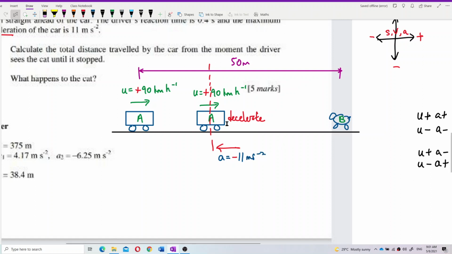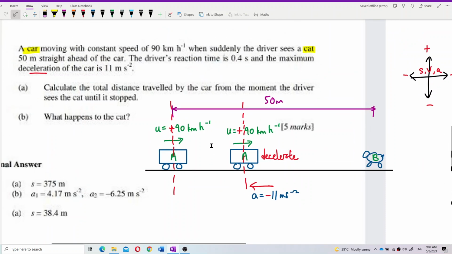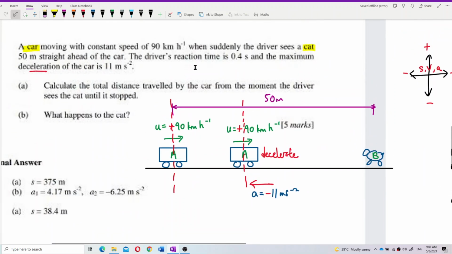Okay, so it decelerates. So before it even starts over here. Okay, what about this section? Is there any braking happening? Is there any deceleration happening? This one takes 0.4 seconds.